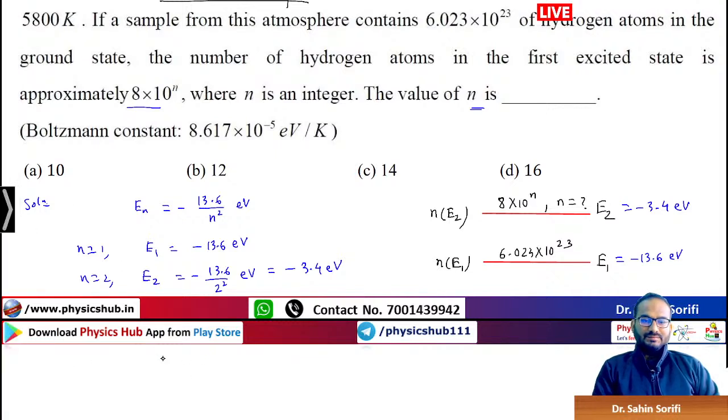Now we know that the number of particles in a particular energy level, let's say E, is proportional to exponential minus E upon kT.